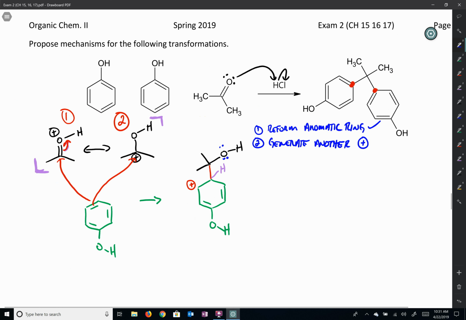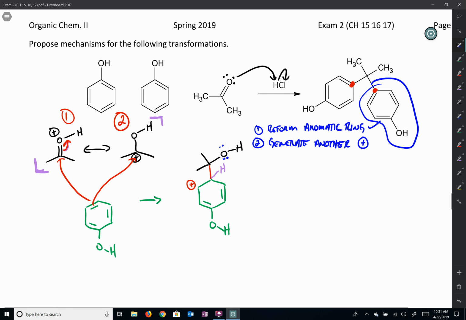There's a strong drive thermodynamically to reform aromatic rings. To generate another positive charge, we have to add another phenol. And to add another phenol, we have to go through another electrophilic aromatic substitution. And to do another electrophilic aromatic substitution, we have to generate another positive charge. That makes sense? So we have to reform our ring. We have to generate another positive.